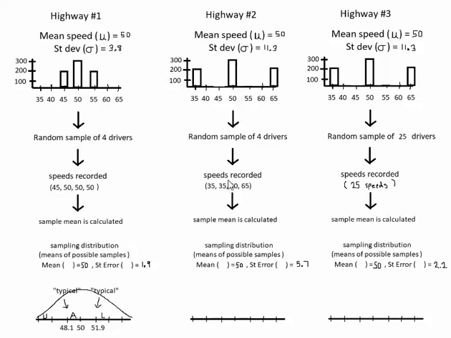Now we're imagining that someone is observing 4 people from this particular highway. Just make sure that these 4 numbers aren't exactly the same as the previous 4 numbers, and that they could possibly come from your Highway 2 population. Otherwise, they can be whatever 4 numbers you want them to be.